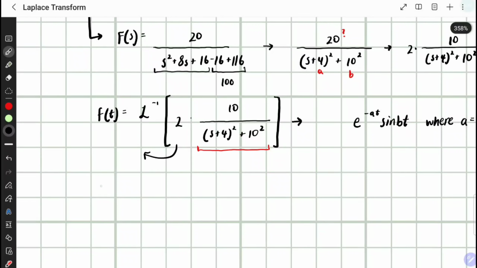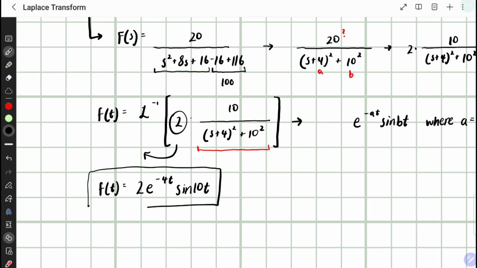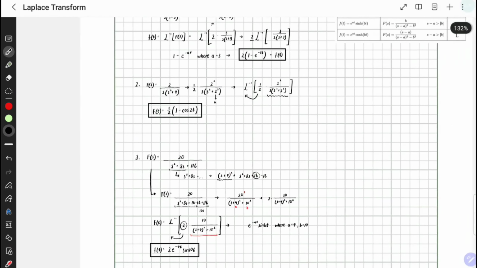So our final f of t is equal to, don't forget this factor 2, times e to the negative at, which is 4, times sine of bt, which is 10. There we go.